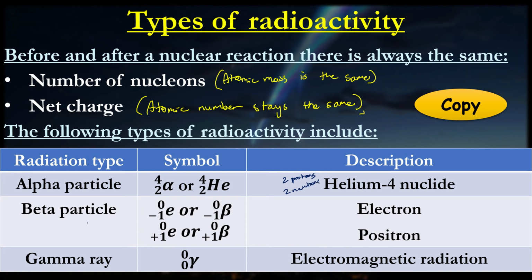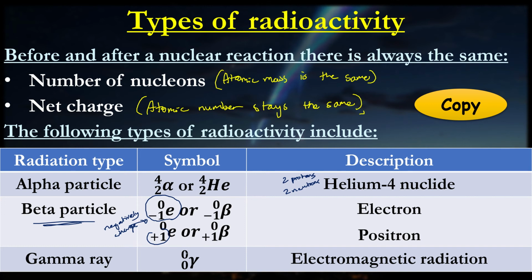If we're talking about a beta particle, there can be 2 types. You can have the electron. As you can see, the atomic number is -1 because it's negatively charged. Here we have the positron, and that's positively charged, so that's where the +1 is. You can also write it as beta, hence why we call it a beta particle.